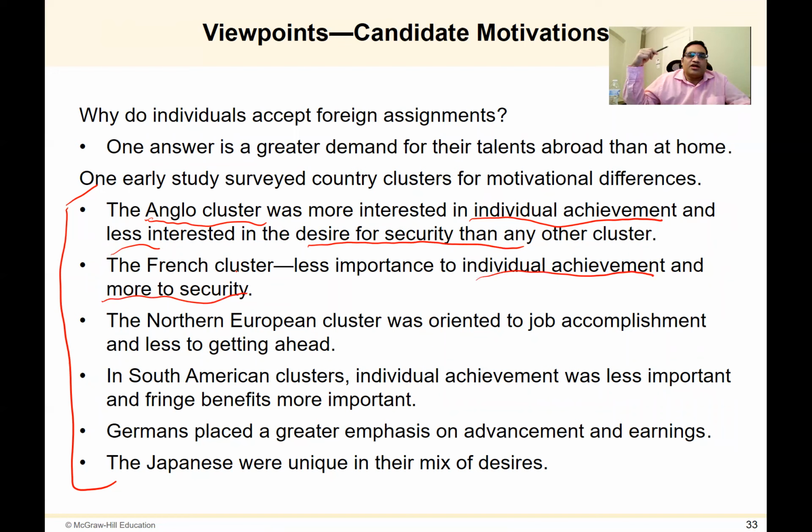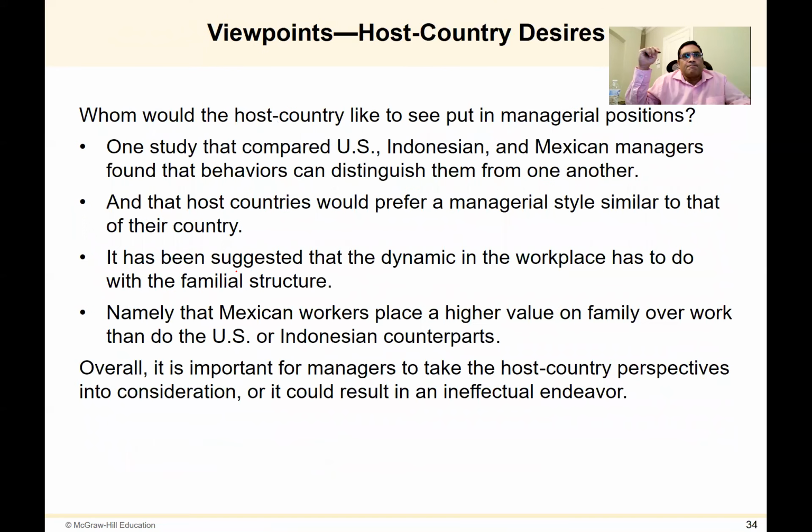So again, depending upon which region people are going from, there are different motivations. If you look at the chapter, there are lots of these comparisons and tables, showing what is more important to people from which country.